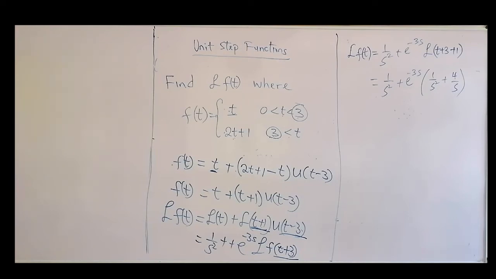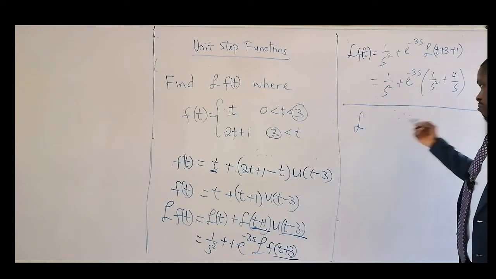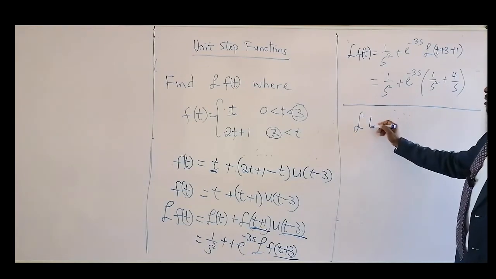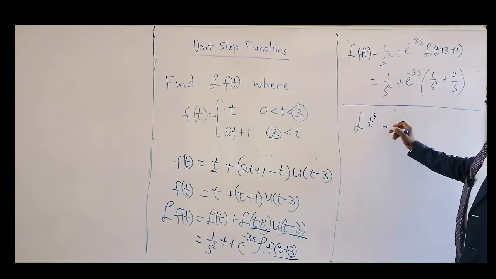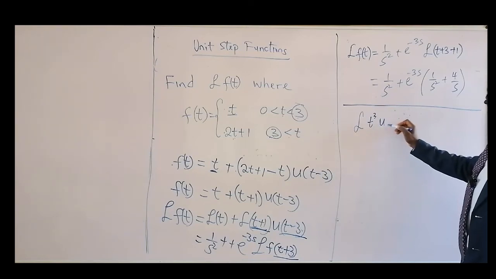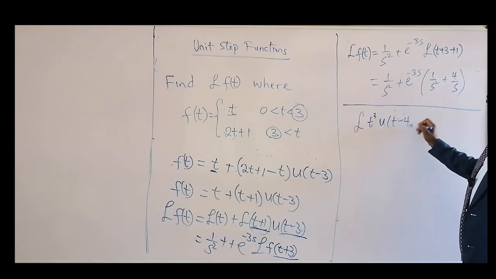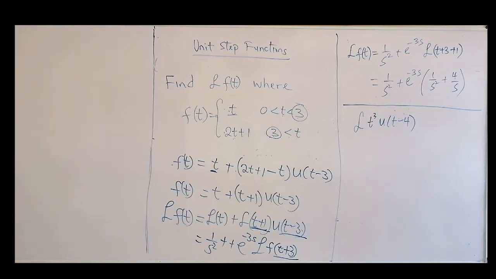I also want to recap for you that when you have Laplace of possibly t cubed, u of t minus 4, if you want to solve this, it's very simple. It's going to be exponential minus 4x and then Laplace of f of t.